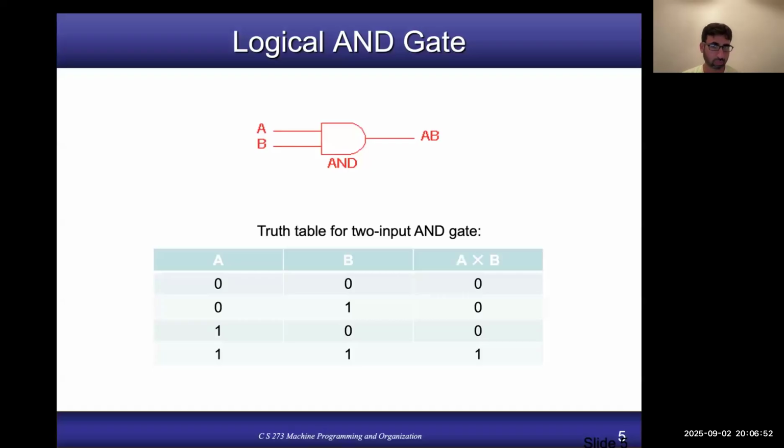So we'll first talk about the logical AND operation, and there are two things: one is the logical AND operation and one is the AND gate. Let's first talk about the AND operation.